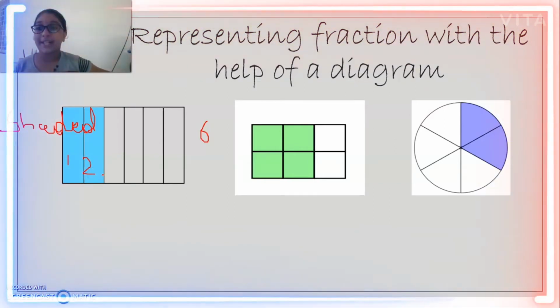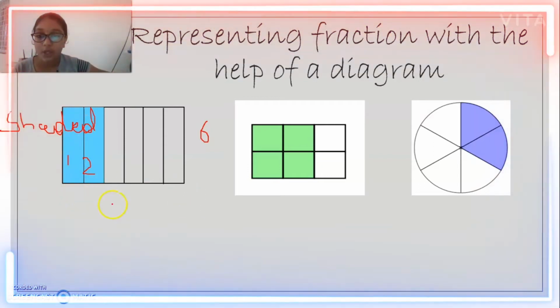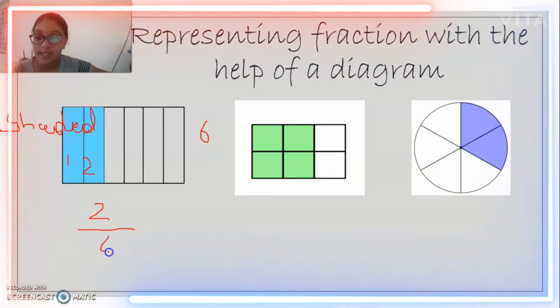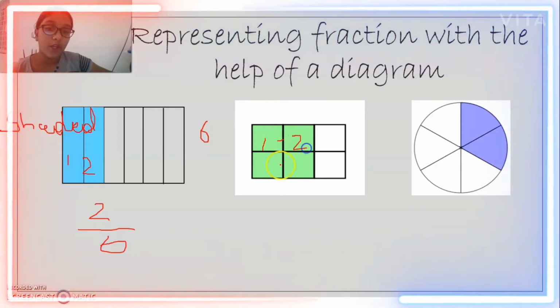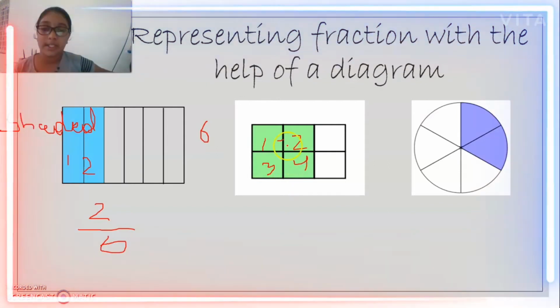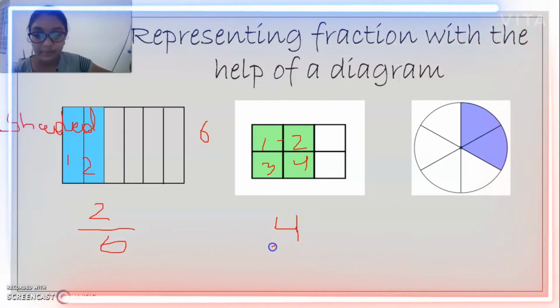I have already told you that the ones that are shaded are written as the numerator, so you can write it as 2 by 6. Here we have the same rectangle, but with 4 shaded parts, 1, 2, 3 and 4, out of 6 blocks. This can be represented as 4 by 6.